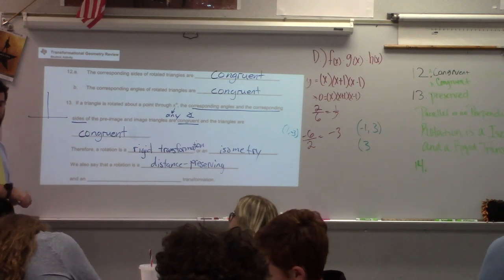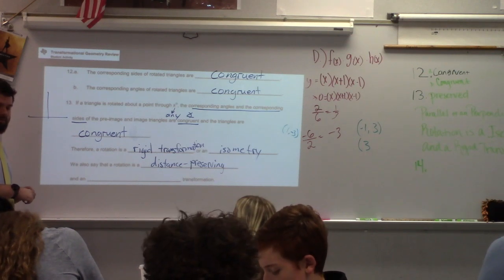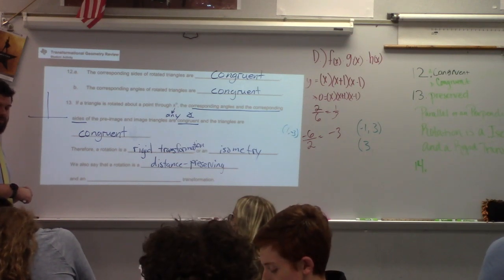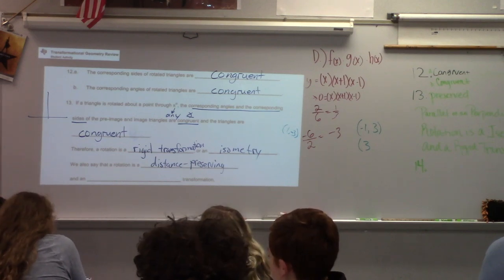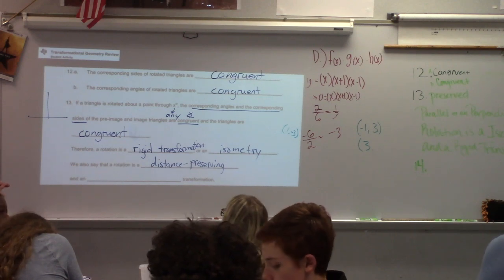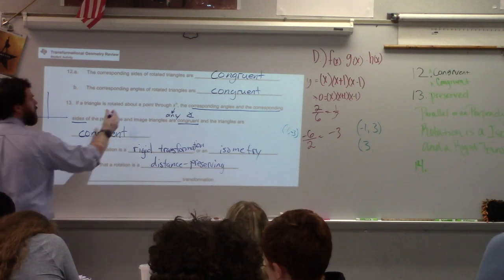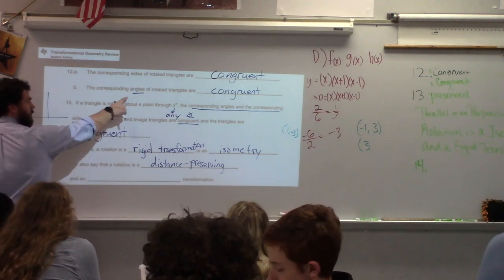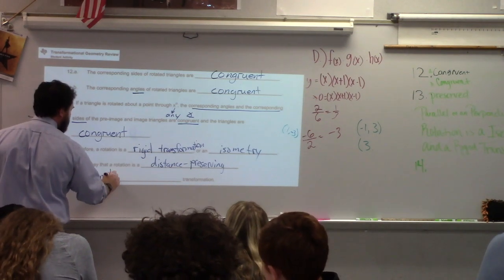Like in distance preserving, what's the point of it? Okay, I'll come back to that in a second. I'll need to go back to a previous one though. Not only is it distance preserving, that means the lengths are preserved. What else was preserved? The areas as well, yes. But the area depends on the distances.